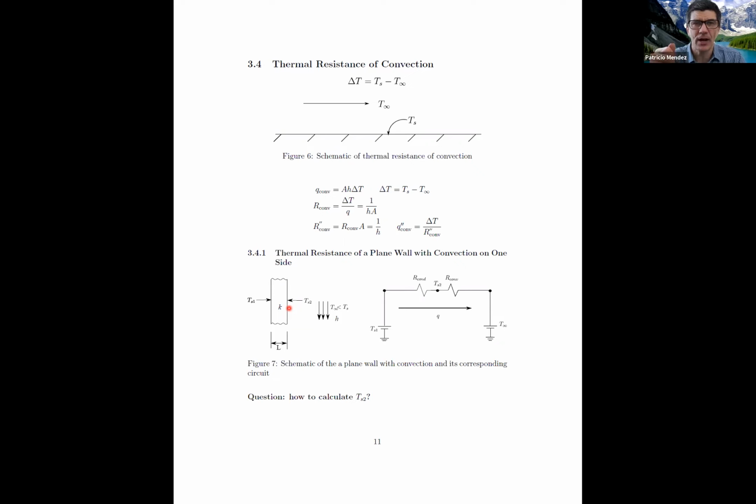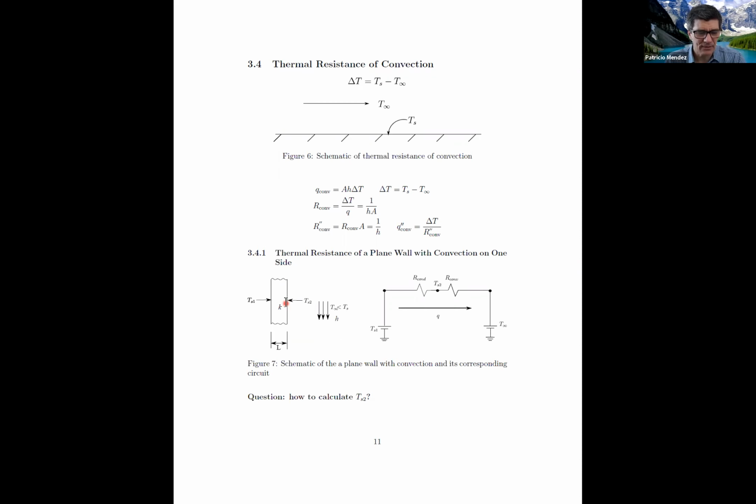The thermostat in your house measures the temperature of the air inside your house, but it doesn't know the temperature of the wall. And actually, if you touch the wall, you're going to see that typically it's colder than the air inside, right? So this point here in this series circuit is the temperature of the surface of the wall.